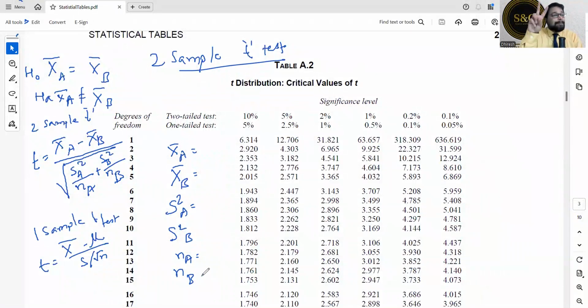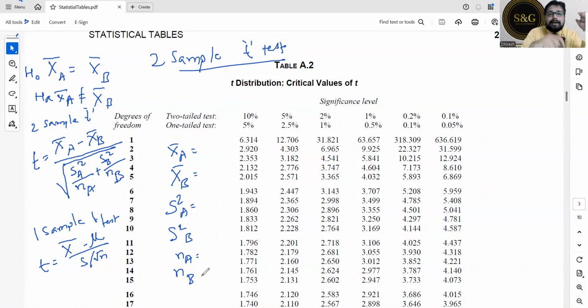Now, for two sample t-test, you can have a different number of data points. For example, in sample A you have 20 data points, in sample B you have 22 data points. It is also okay, because ultimately we are taking the average of it. Are you understanding? That is the only thing. Clear? Just type yes in the chat box. So we have to calculate a t-value on the basis of degrees of freedom.